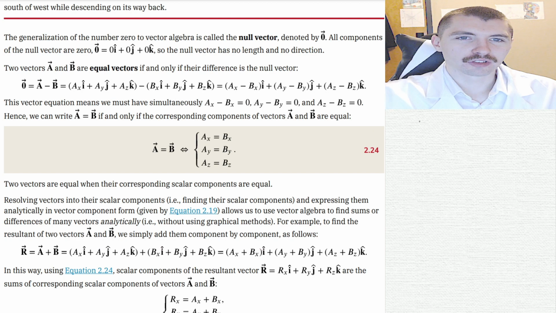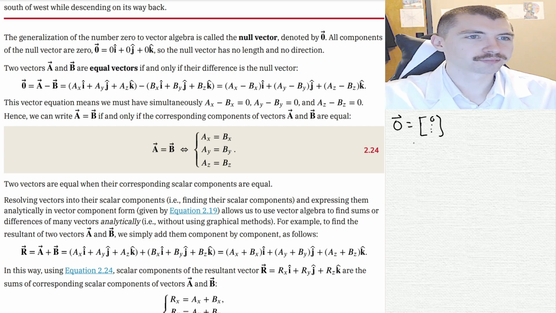Generalization of a zero vector is called a null vector. Zero, bunch of zeros.